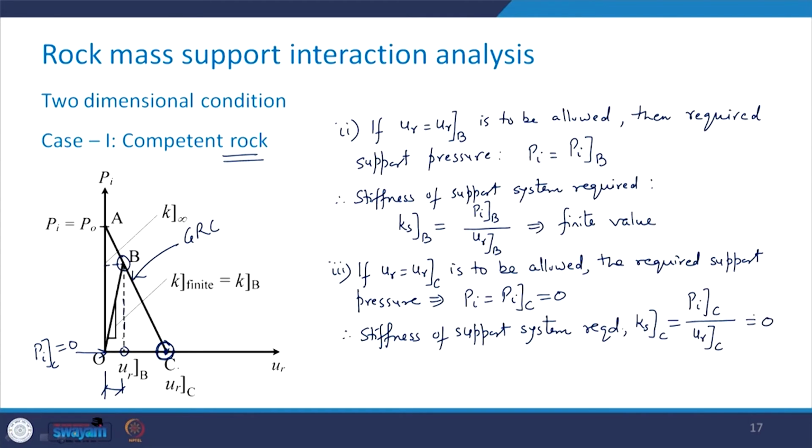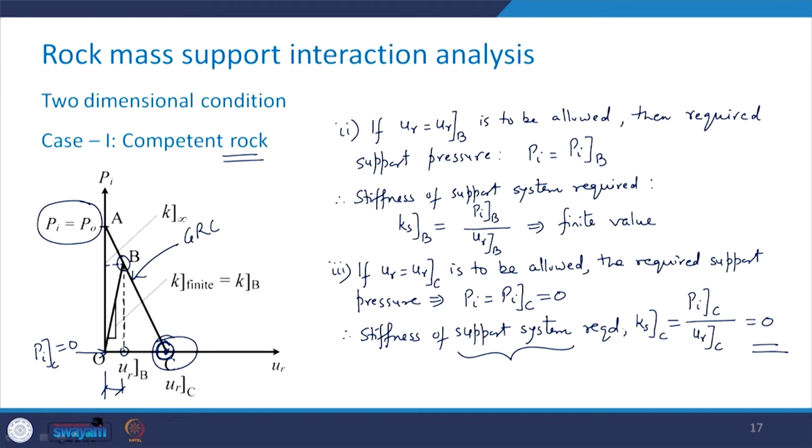This means that we don't even need any support system. The tunnel or the excavation will be stable even without the support system. So this is one extreme case, and this is another extreme case where you don't need the support system.